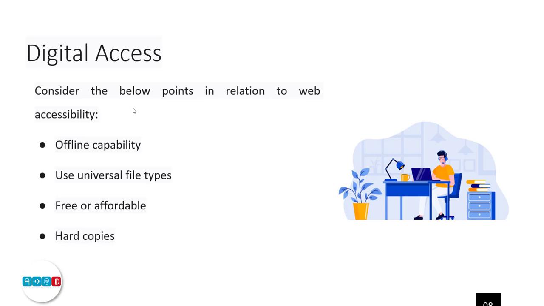You might also want to look at the use of universal file types. Some file types do not work on some devices or some platforms. So you might want to consider the kind of file type that you're uploading or going to use on these platforms. Consider a universal file type, one that can be used across all devices.